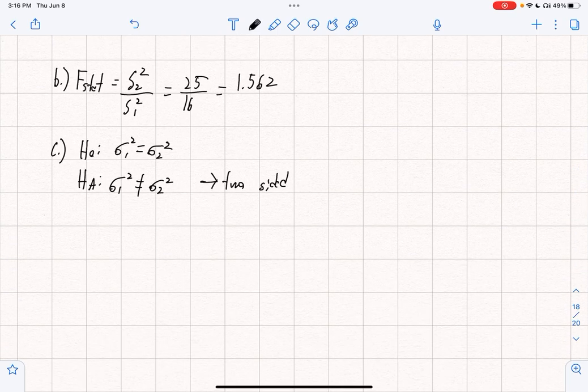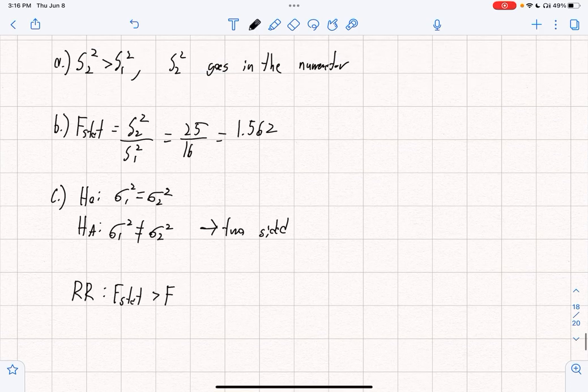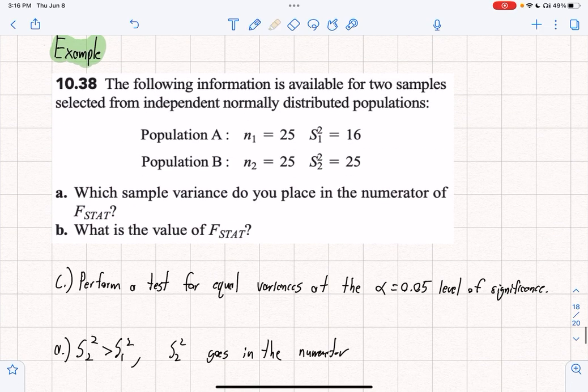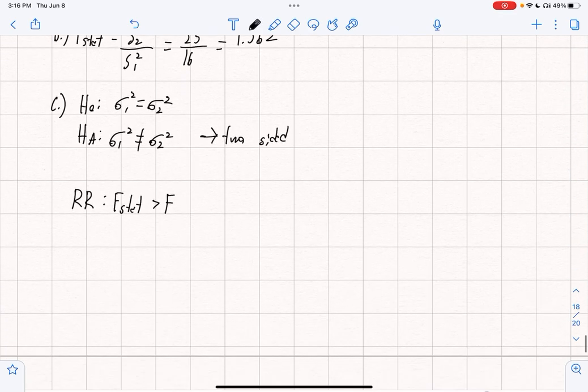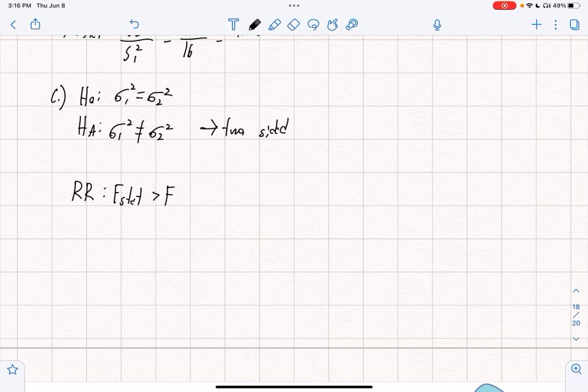And so our rejection region is F-stat bigger than F with n1 minus 1 and n2 minus 1 degrees of freedom. Both our sample sizes are 25, so n1 minus 1 will be 24, and n2 minus 1 will be 24, so we're going to have 24, 24, and then alpha over 2 because this is two-sided, so 0.025. So this would be F-stat bigger than, and we need to look up this value.